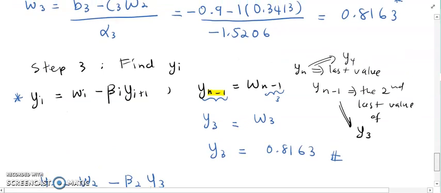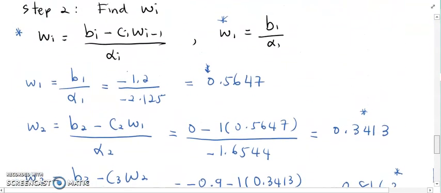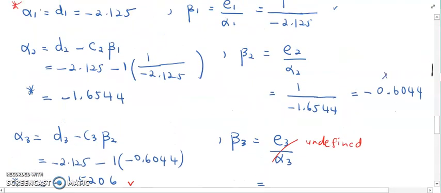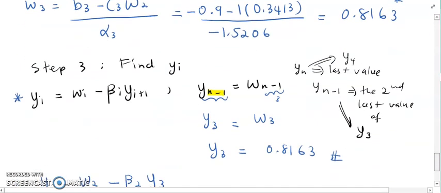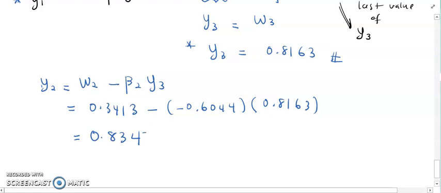Beta 2, you can get this value from step number 1. Beta 2 is negative 0.6044, times y3. y3 is this one, 0.8163. Final answer for y2 is 0.8347.